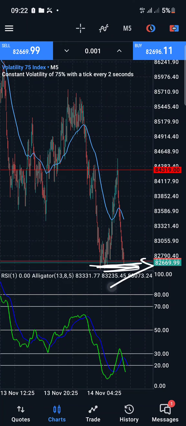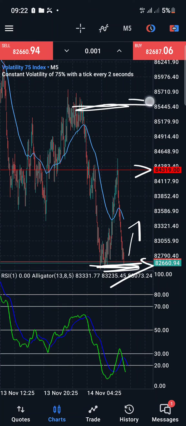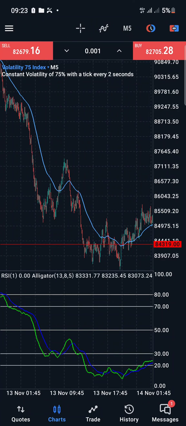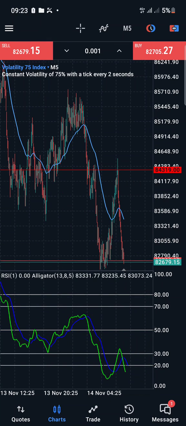If it does not break out from here, it will give a buy from here, and this should be your next TP. Once it breaks out from there, then you should expect it to get to this spot as the next one. But if it breaks out from there, then it should get to this particular spot as the third TP. So you should take note of all this and take advantage of the market.